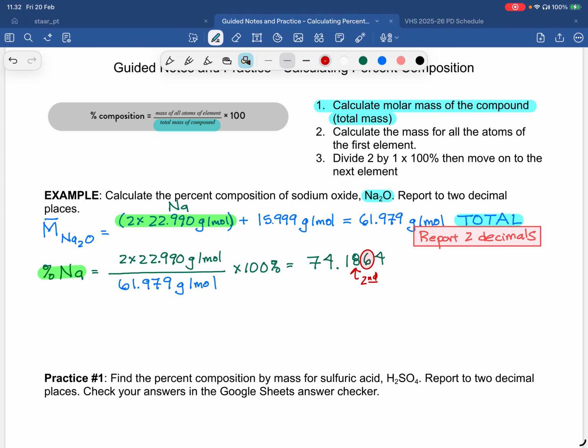And I'm going to ask myself, is that number right there greater than or equal to 5? And the answer is yes, it is greater than or equal to 5. Well, because of that, you're going to take the 2nd decimal place and you are going to change it up by 1.